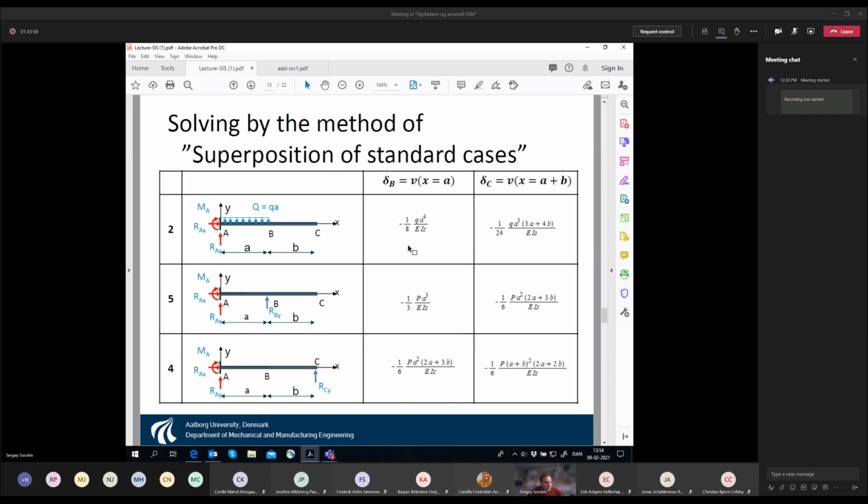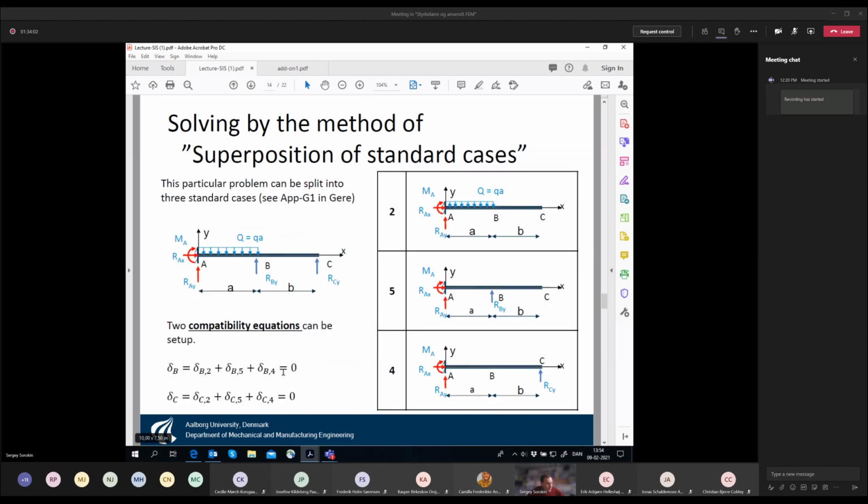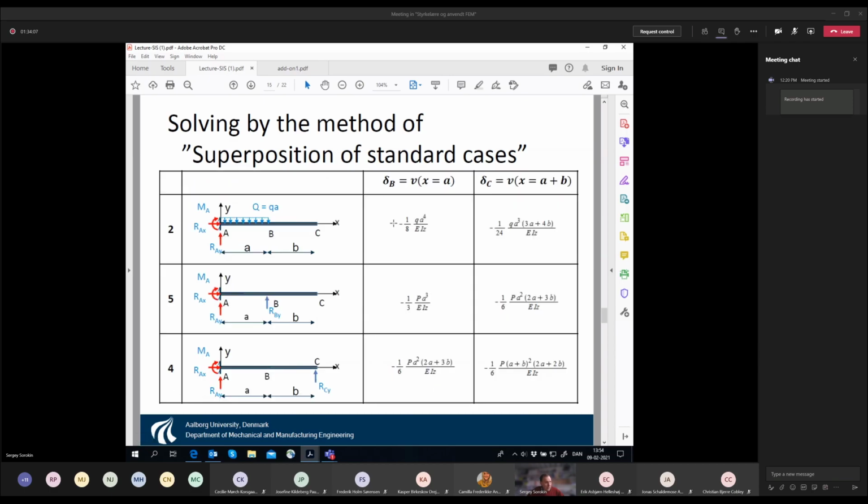And then it gives me the ingredients here. This, as it is, with the P replaced by RB, and this with P replaced by RC.